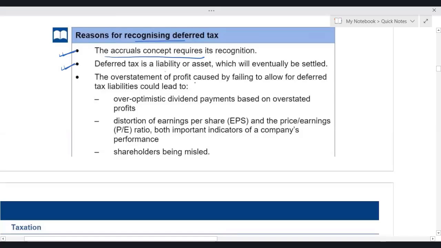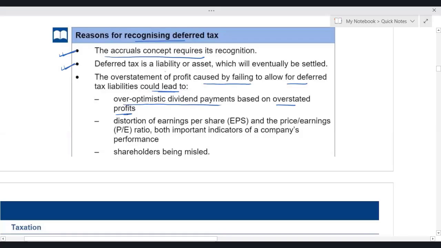The overstatement of profit caused by failing to allow for deferred tax liability could lead to problems. See, if you are not recognizing the deferred tax liability, then your profit will be overstated. Due to overstated profit, the problem will be over optimistic dividend payments based on overstated profits.